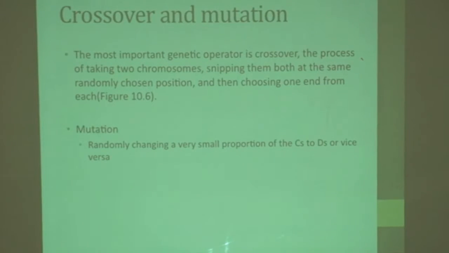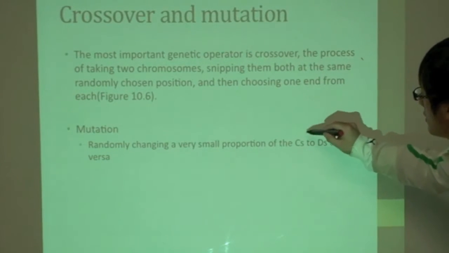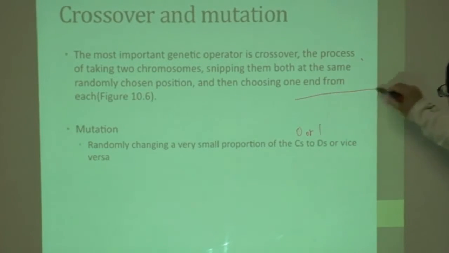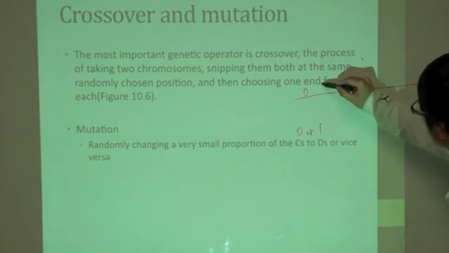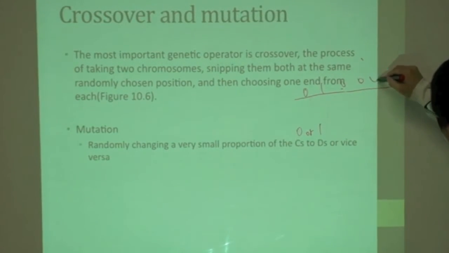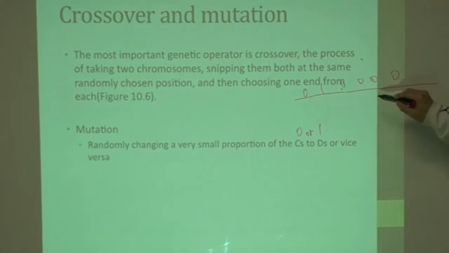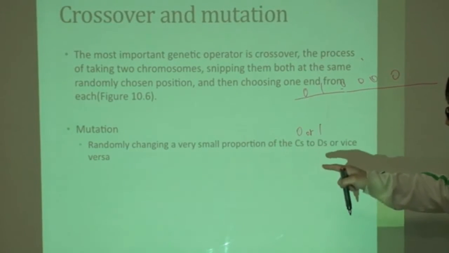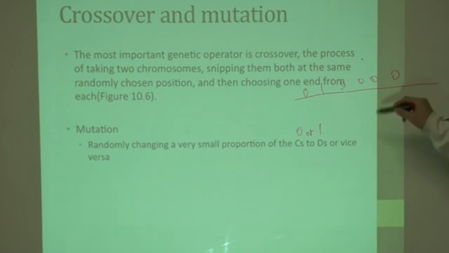And mutation is randomly changing a very small proportion of the genes from 1 to 0 or vice versa. If the chromosome has this data, mutation makes, with a very small probability, a 1-point change randomly.